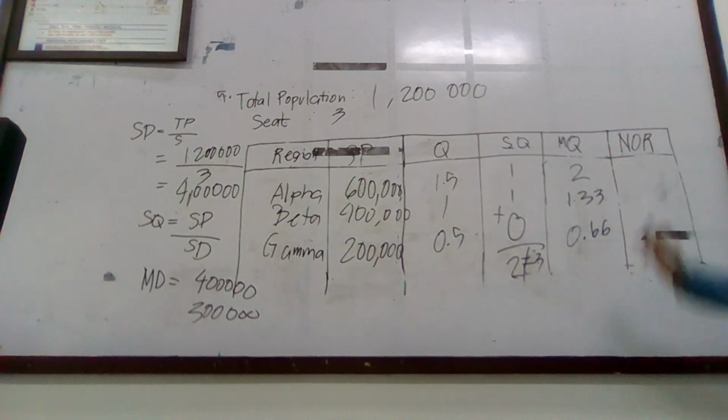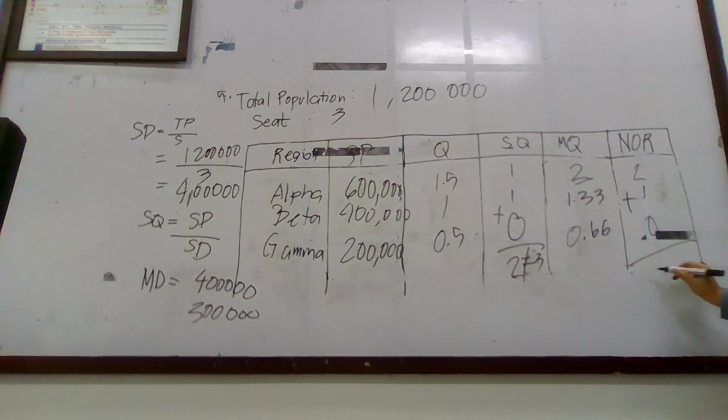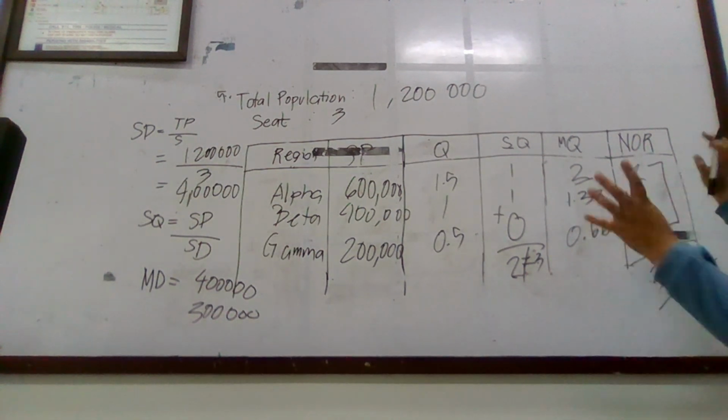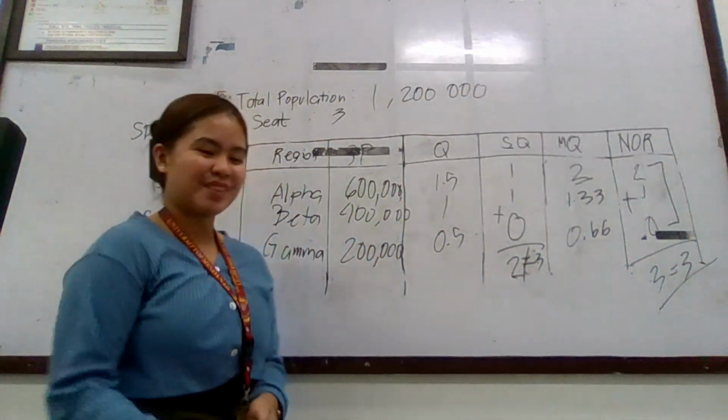So for our number of representatives, let us get the whole numbers. We have 2, we also have 1, and 0. We sum up everything. This will give us 3, which is equal to 3. So these are the final list of representatives per region.